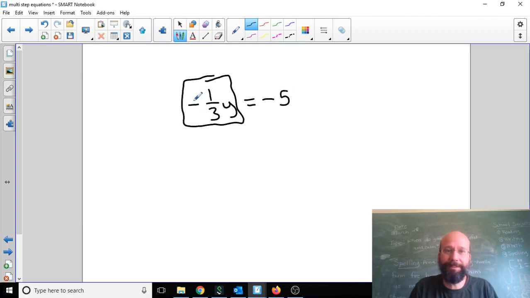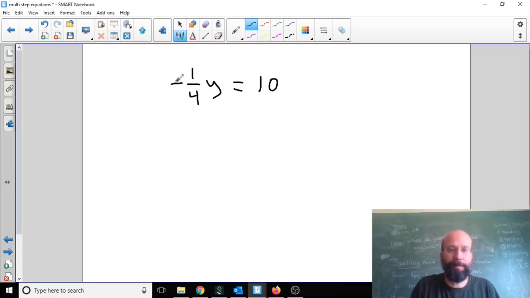Since it's negative, we want to take this negative over with it. So we want to multiply both sides by negative 3. This negative 3 times negative 1/3 will give us positive y equals negative 5 times negative 3 is positive 15.